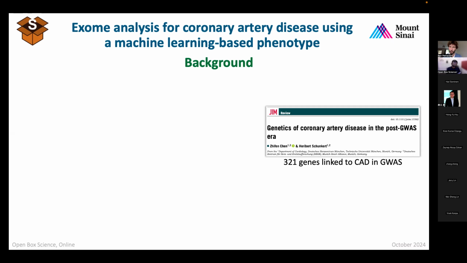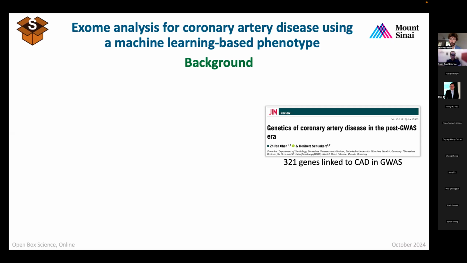As some of you may know, coronary artery disease or CAD is a very well studied disease genetically. There have been very large scale genome-wide association studies now of over 1 million participants looking at the genetic architecture of the disease. But the issue with genome-wide association studies is that they mostly identify common loci, which don't directly inform the role of a gene in disease biology.